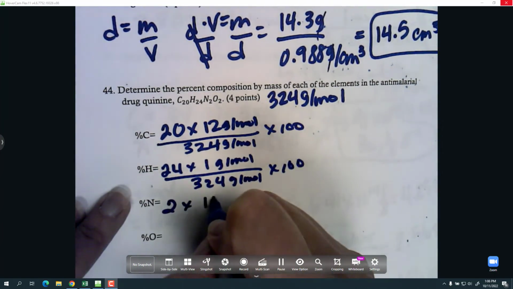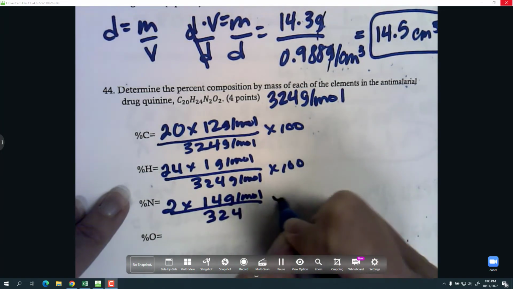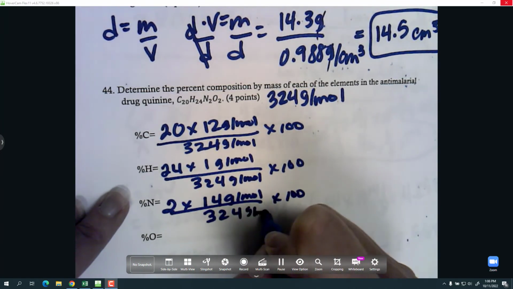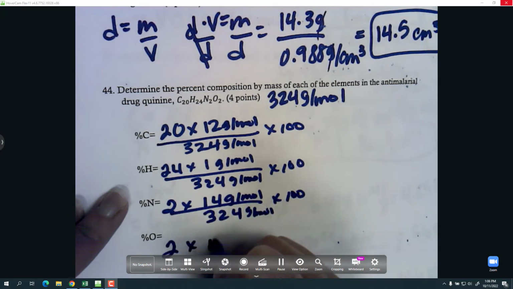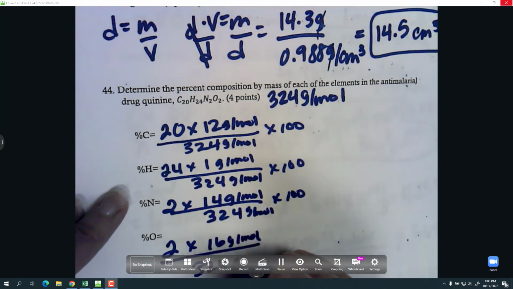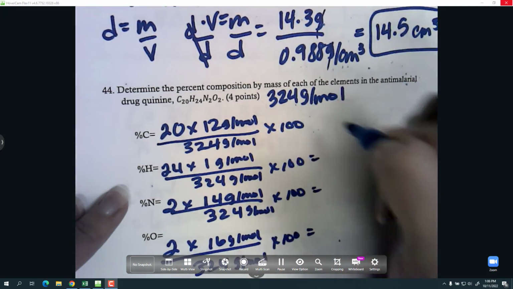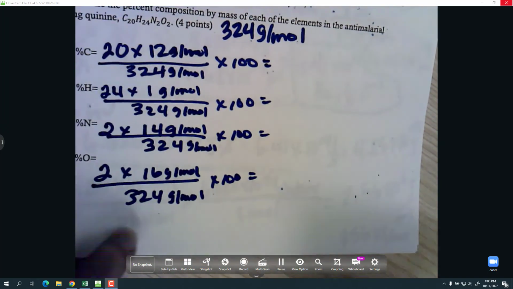Nitrogen is 2 times 14. And oxygen, 2 times 16. All right, now I can just put them all in my calculator.